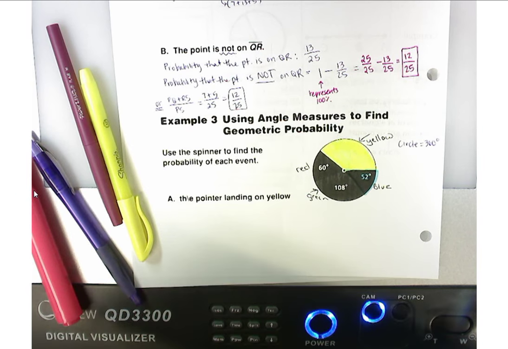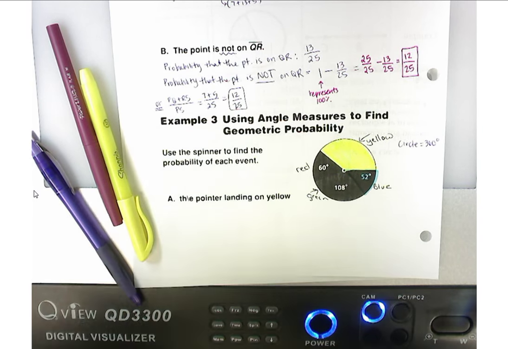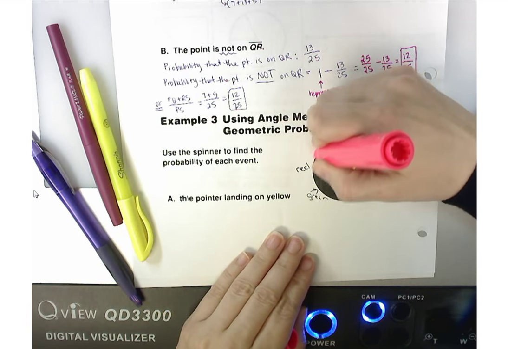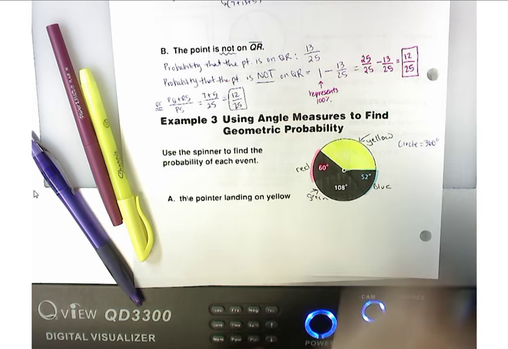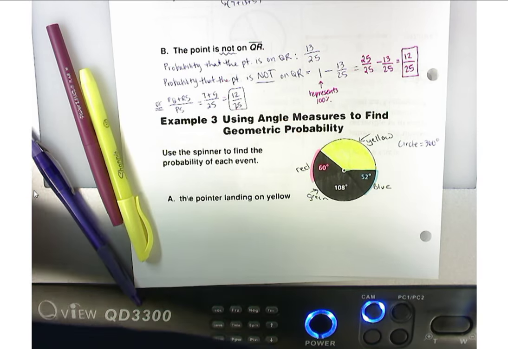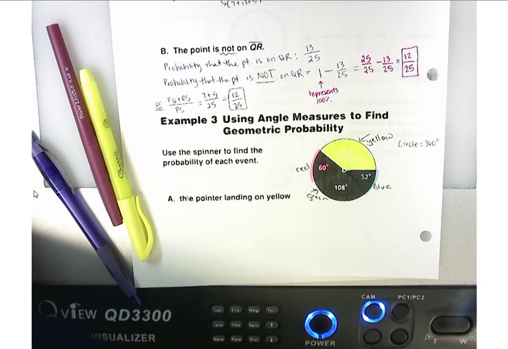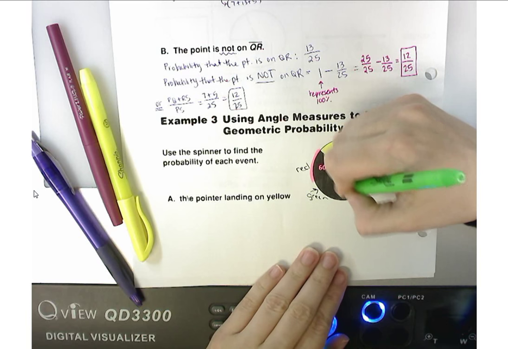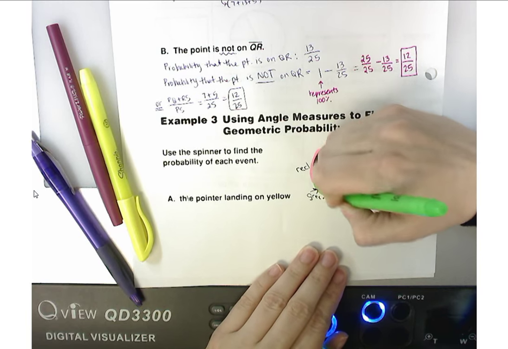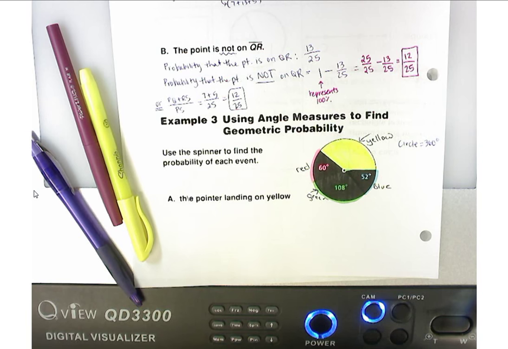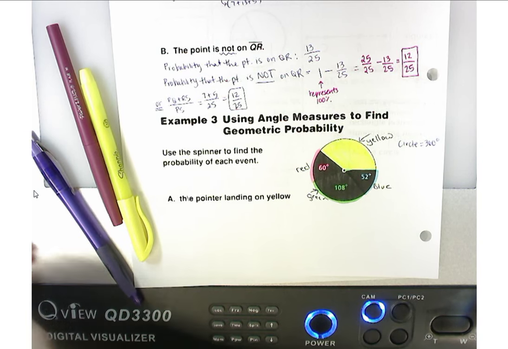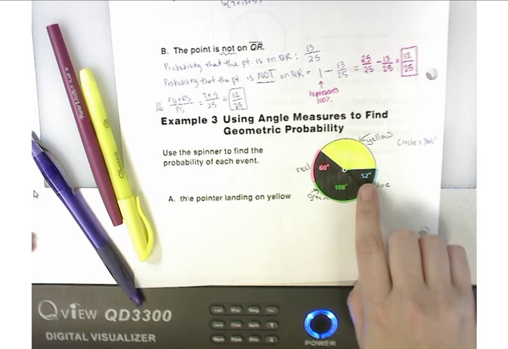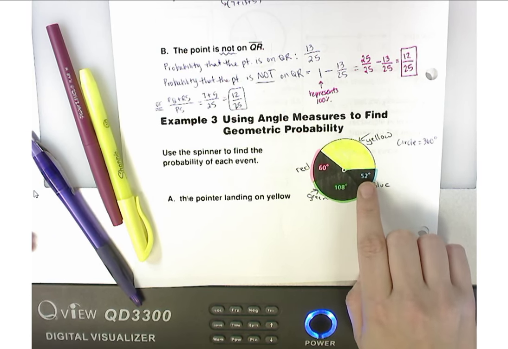How are we going to find it? Okay, yep, you can add them all up, subtract from 360. I don't have a red highlighter, so I'll just use my pink one. Okay, and this is my green portion. Okay, so let's add these up. What's 108 plus 52? 160, right?